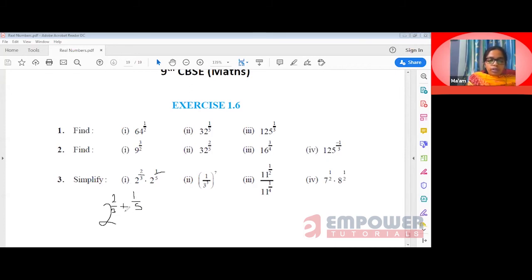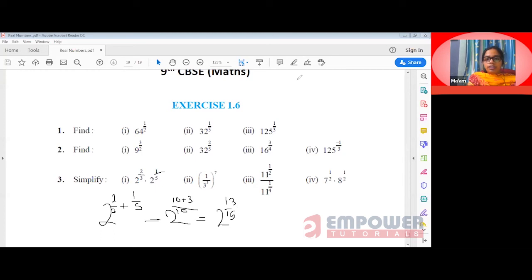Since you do not have the same denominator, you have to make it same. So this will be equal to 10 plus 3 upon 15, right? So this will be equal to 2 raised to 13 upon 15. So this will be the answer of the first one.